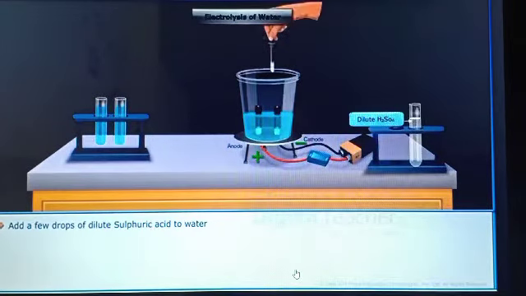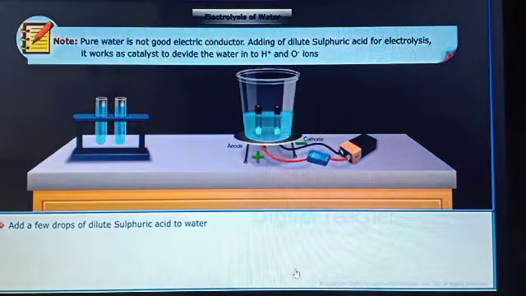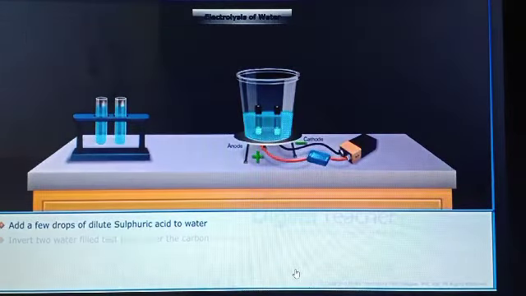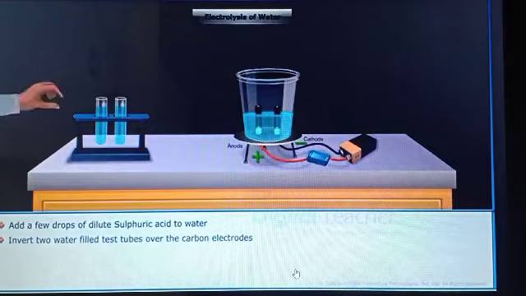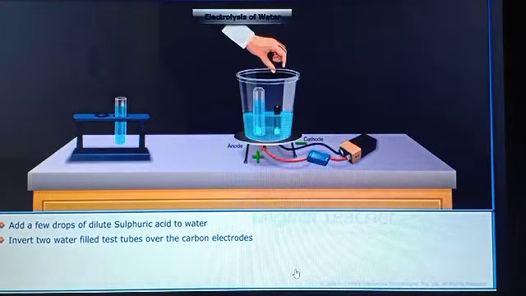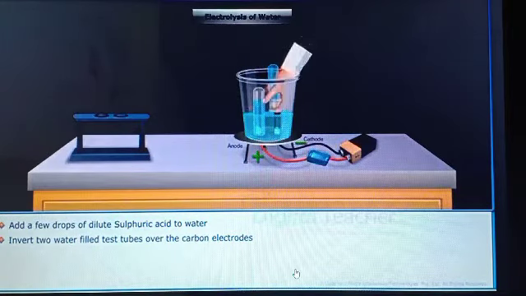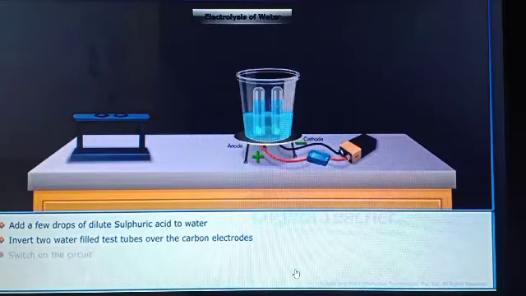Add a few drops of dilute sulfuric acid to the water for conductivity, because pure water is not a good conductor, that's why we have to add some drops of the acid. Now invert 2 water-filled test tubes over the carbon electrodes as shown in the figure. Now switch on the circuit and see the observation.